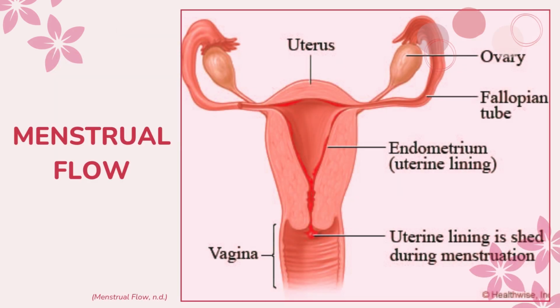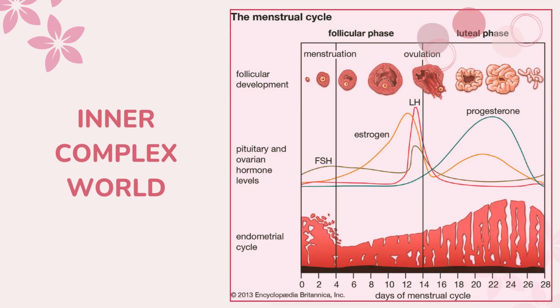The menstrual cycle is much the same. From the outside, it might seem like a simple monthly flow, but in reality, it's a complex process with intricate interactions between various reproductive organs and hormones. That's why I have dedicated the next two chapters to exploring this fascinating process that keeps our periods running smoothly.